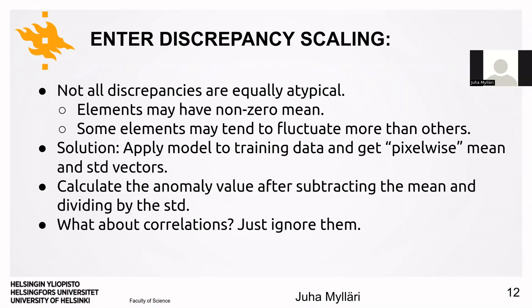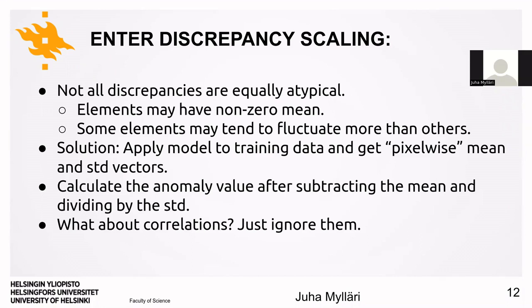So to recap, the problem was that not all discrepancies, that is, non-zero entries in a discrepancy array, are equally atypical or equally indicative of an anomaly. That is, some elements of a discrepancy array may have a non-zero mean on normal data. Furthermore, some elements of a discrepancy array may tend to fluctuate more than others. Would it be possible to actually know those element-wise means and element-wise variances of the discrepancy arrays on normal data?